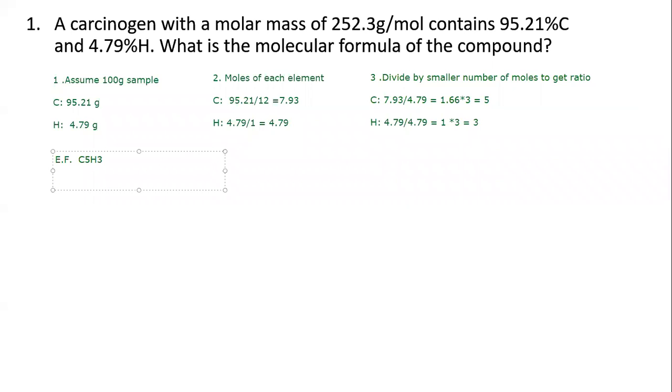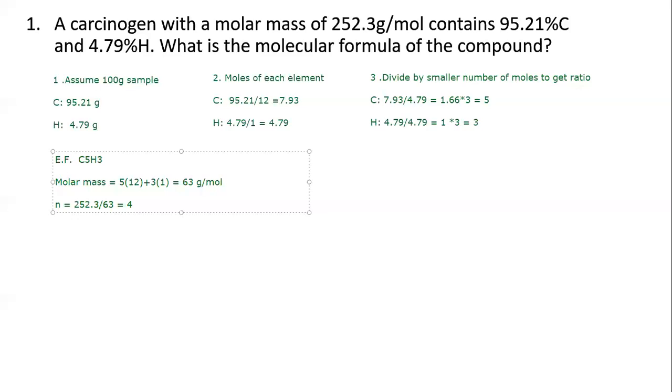We get the molar mass. 63 grams per mole. Now we can find N. And we get a factor of 4.